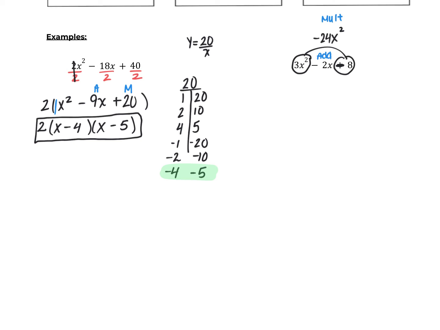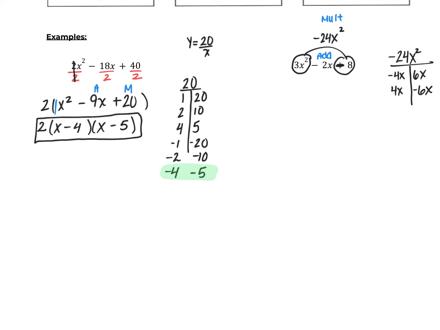So if we know our multiplication facts, let's find some factors of negative 24x squared. Remember, the negative could be on either side. So I'm looking for a pair specifically that adds to a negative 2. So I'm thinking it could either be negative 4x and 6x, or positive 4x and negative 6x, because that's the pair that differs by 2.